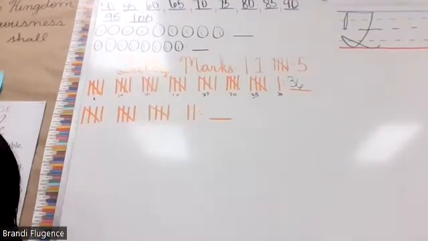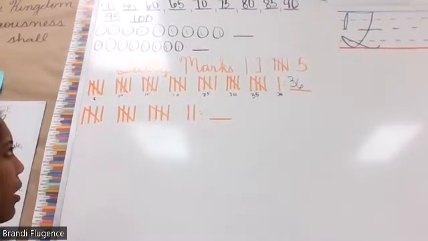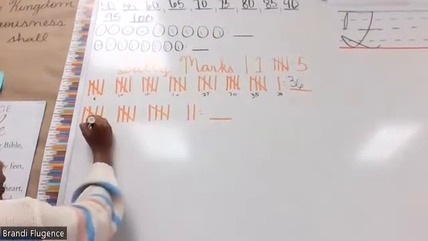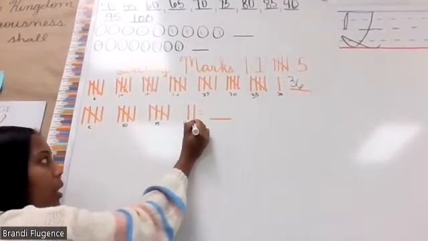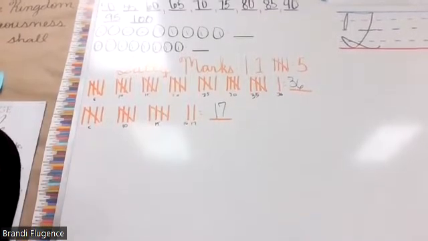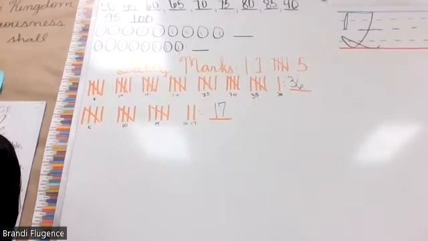Does everybody have 17? Do y'all have something different? I think you count 5, 10, 15, 16, 17. Well, when I asked who had something different, your hand was up like you had a different answer.